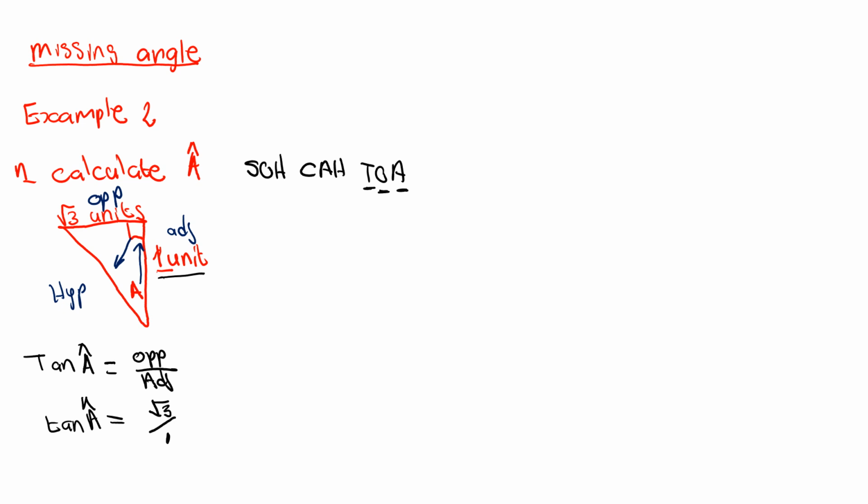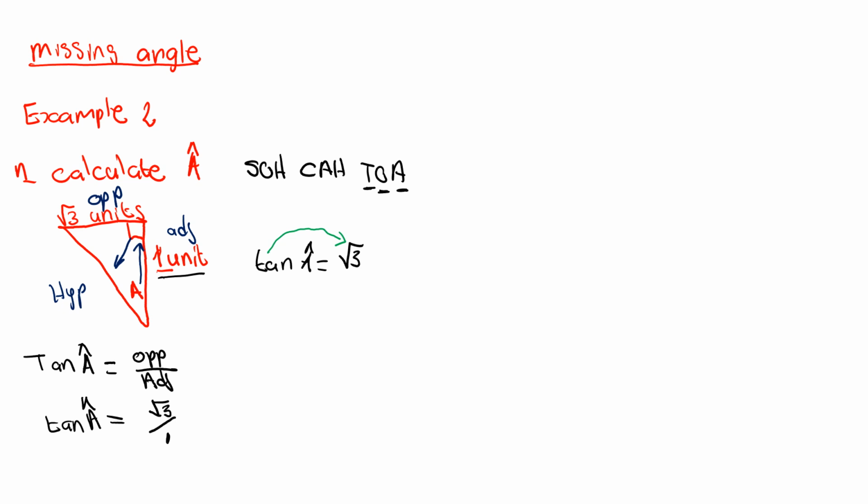So now we need to solve this. How do you solve tan of angle A, which is equals to basically square root of 3, because anything divided by 1 is that thing. So here's what you need to do. You must take your tan to the other side. How do you take your tan to the other side?